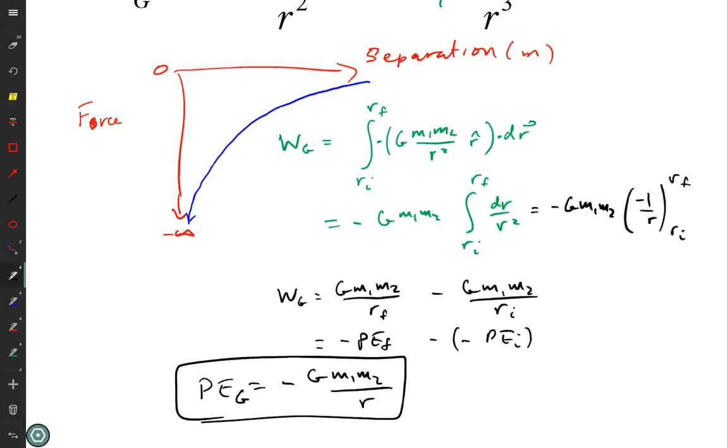Things to note here. What value of R gives you the maximum possible potential energy? It's kind of a trick question, I'll warn you. What value of R gives you the maximum possible potential energy? It's 0. Well, maximum would be, I mean, it's going to be negative, isn't it?